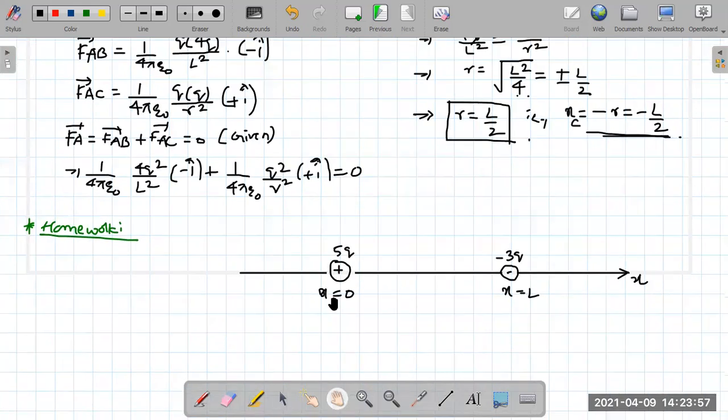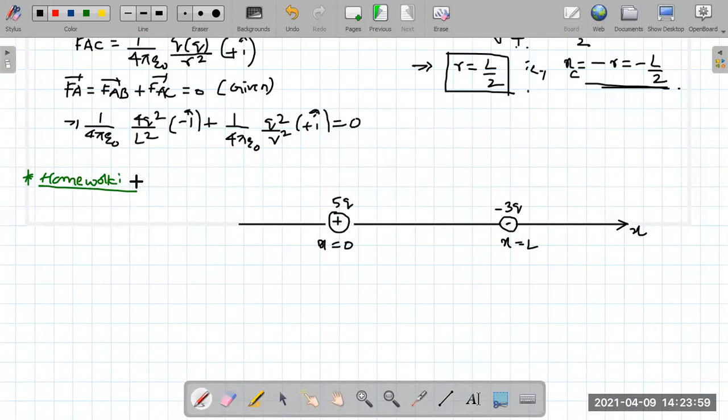So the question is, where must an electron be placed so that it does not experience any net force, so that it may not experience any force.